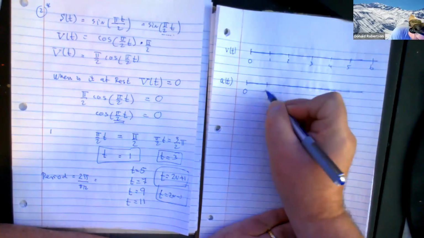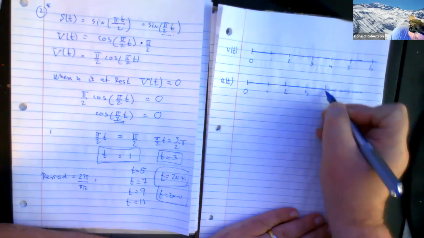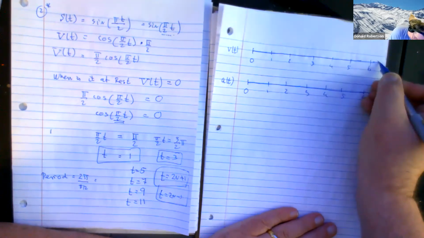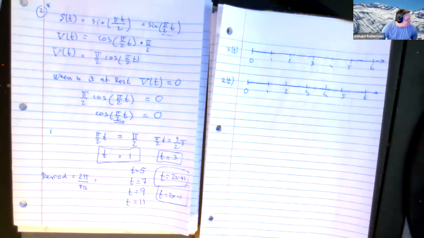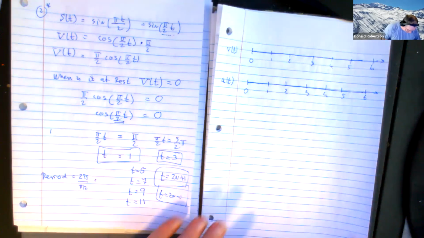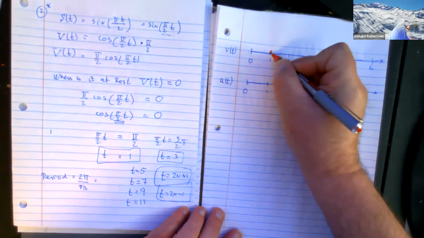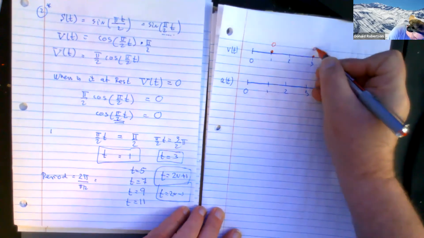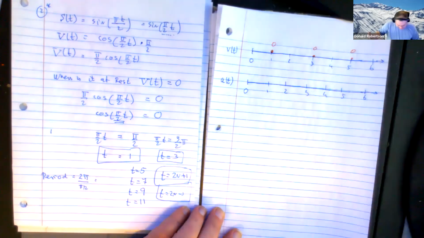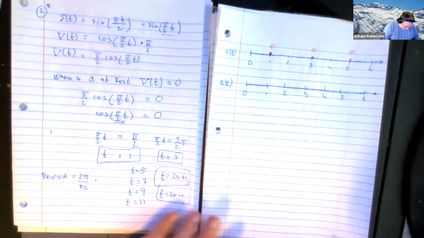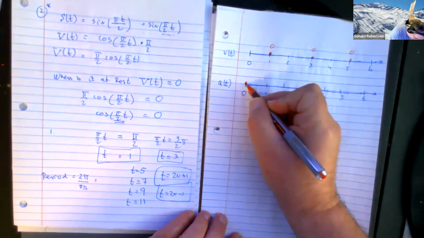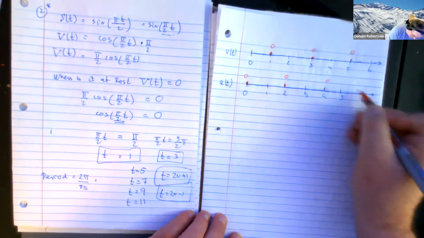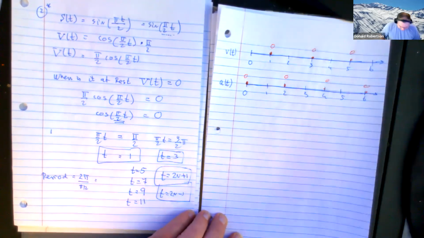It does go on forever. But if you do the velocity, you will find out that it's 0 at 1, at 3, and 5, and 7, and 9. And if you do the acceleration, it's 0 here, here, here, and here, and it goes on forever.